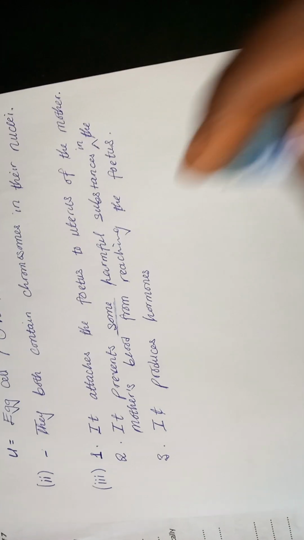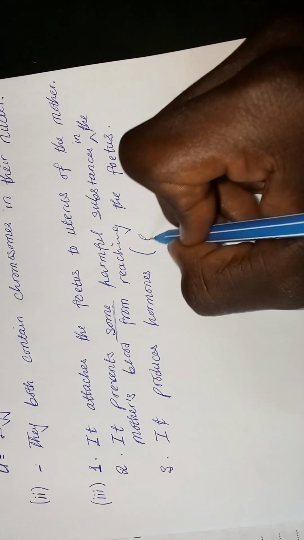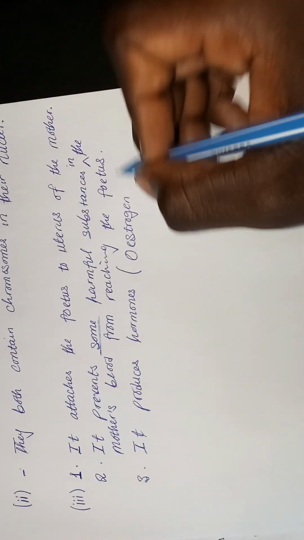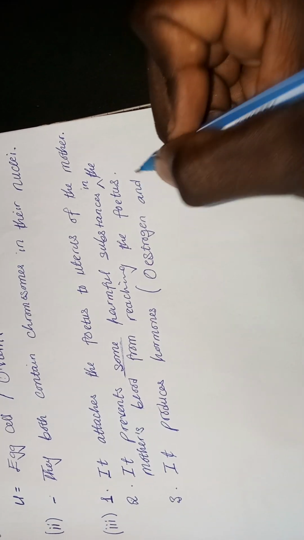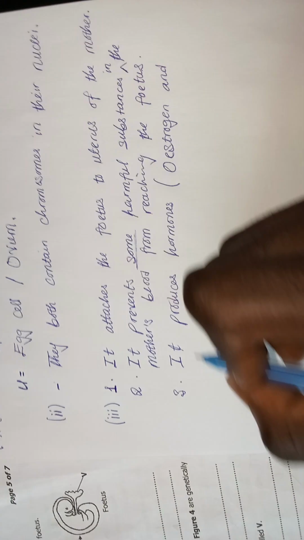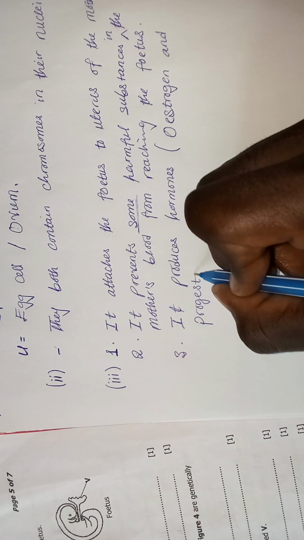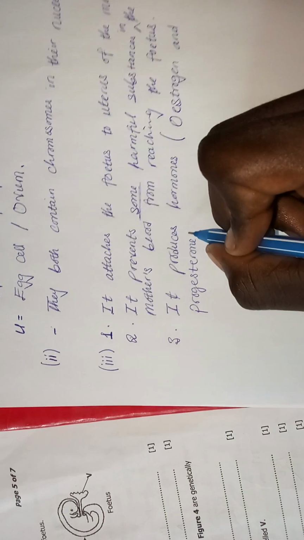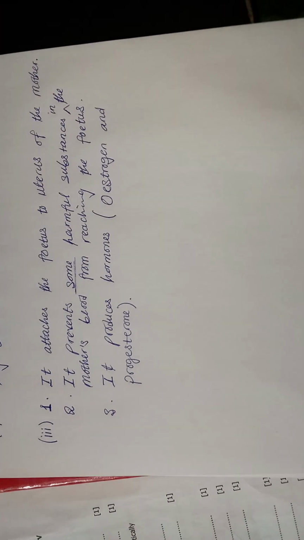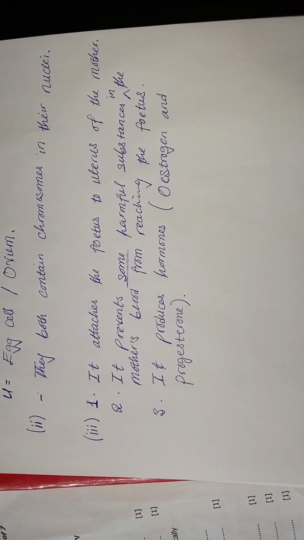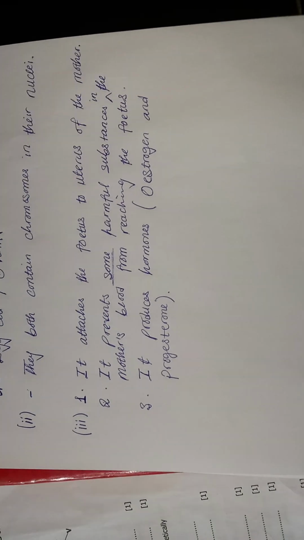The hormones are specifically called estrogen and progesterone. This is where the progesterone maintains the thickness, the lining thickness of the uterus. That is the function of the progesterone. Okay, we move on to B.